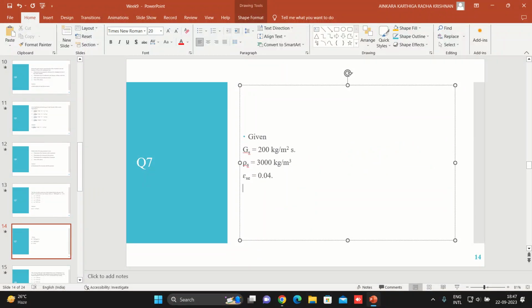So what do we need to find? Slip velocity.